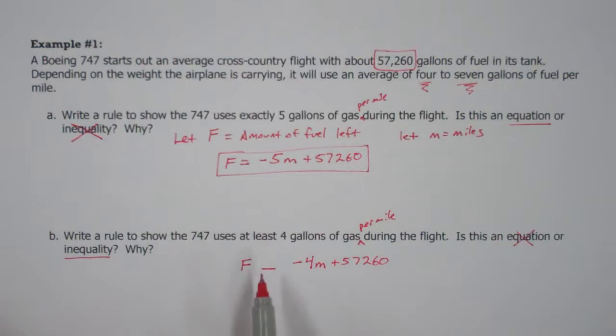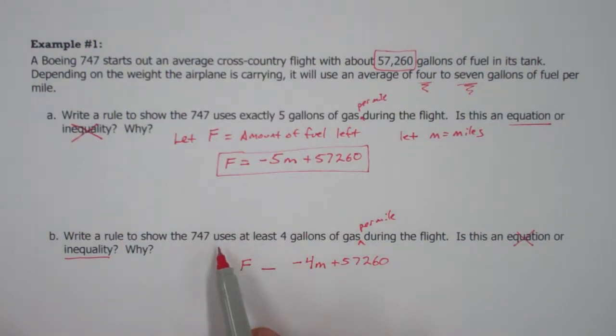So when I'm trying to figure out the fuel used and which inequality symbol this is going to be, we know that the fuel for this airplane is at 57,260 to begin with. We know that as we go, let's say this is 1 mile, then the fuel will be a little bit lower.